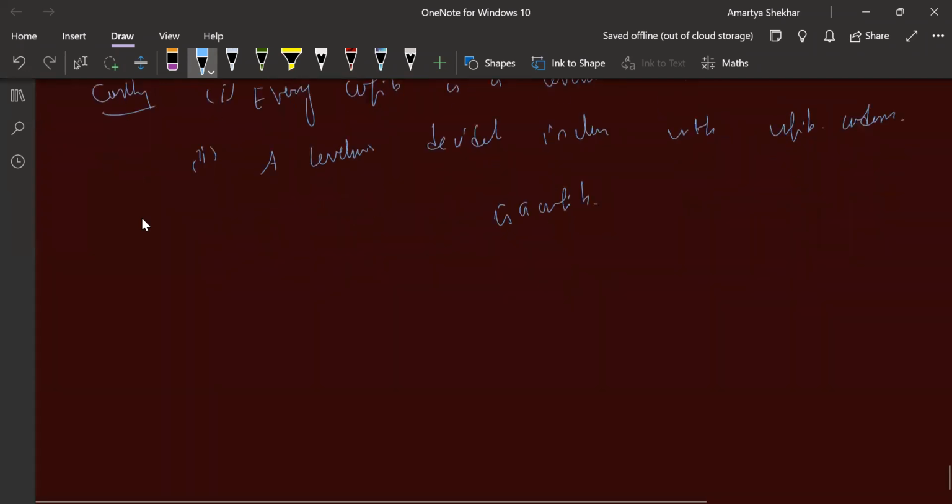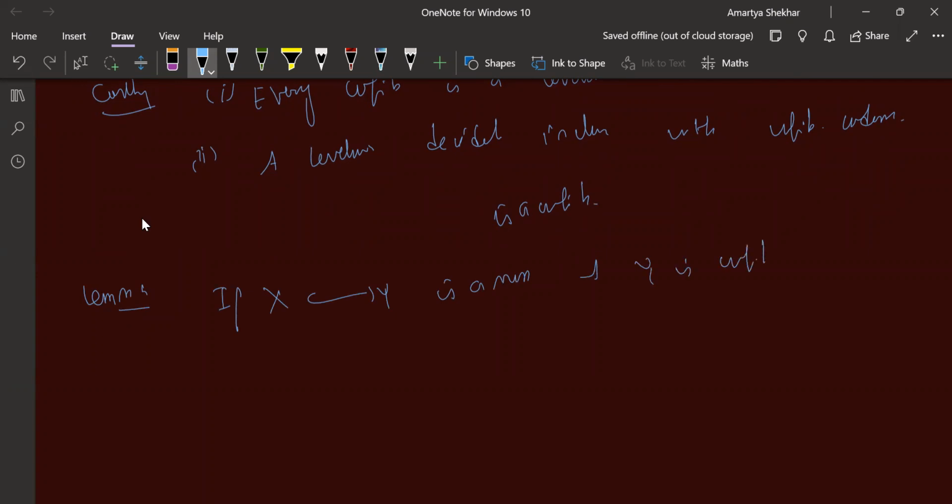Right. Okay, let's move on. So we got a lemma. If we consider a mono and y is cofibrant, then so is x. Okay, let me give a proof. So suppose this is a degeneracy operator.